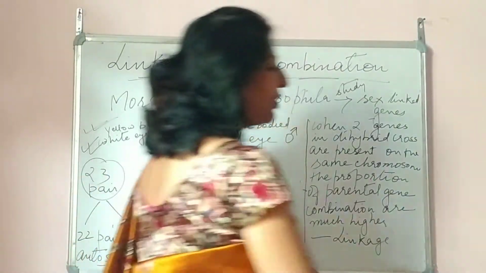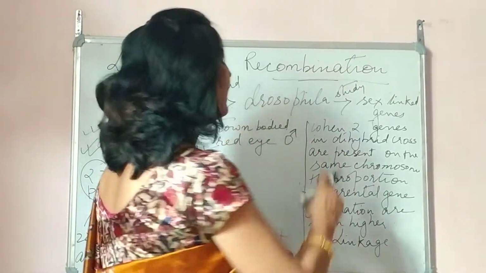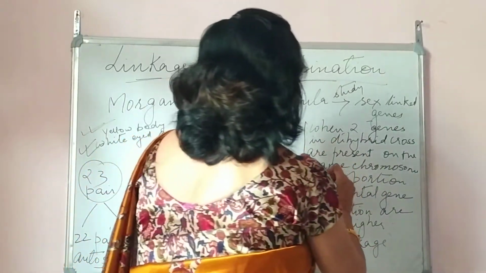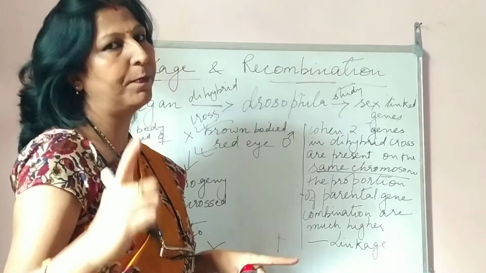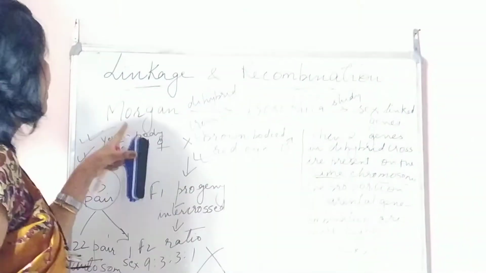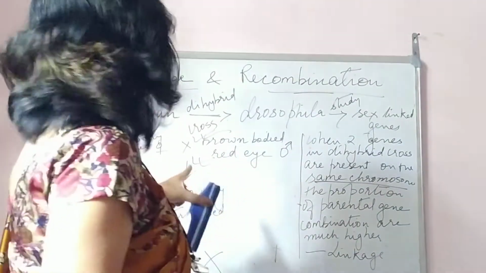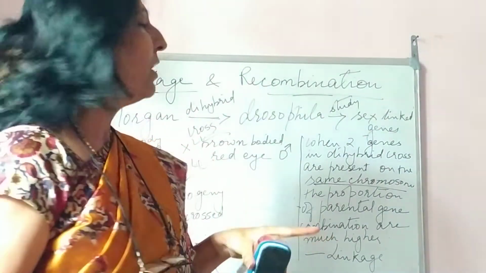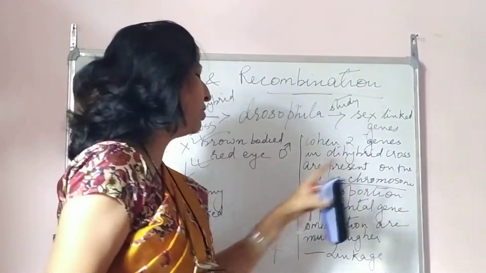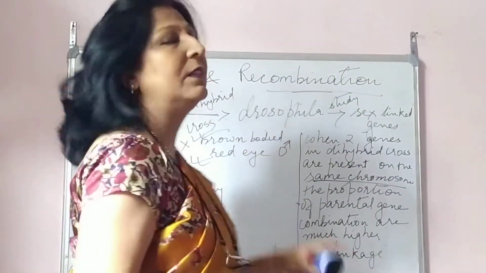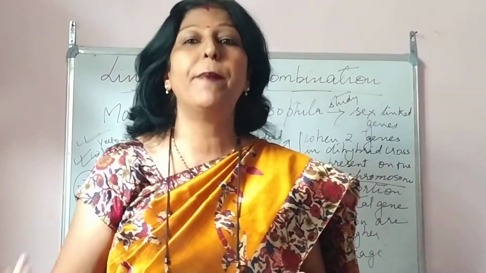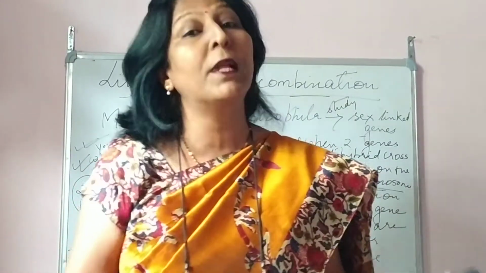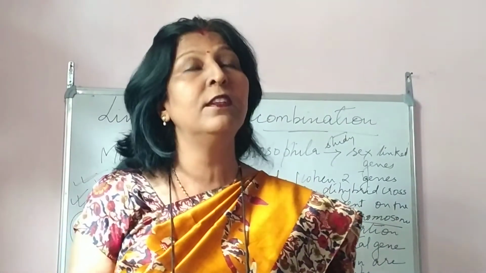When he tried to find the reason behind it, he saw that the two genes in the dihybrid cross are present on the same chromosome. Both genes, responsible for the color of the body of the Drosophila as well as the color of the eye, were present on one particular chromosome. Then the proportion of the parental gene combination will not vary, and sexual reproduction would have no meaning.